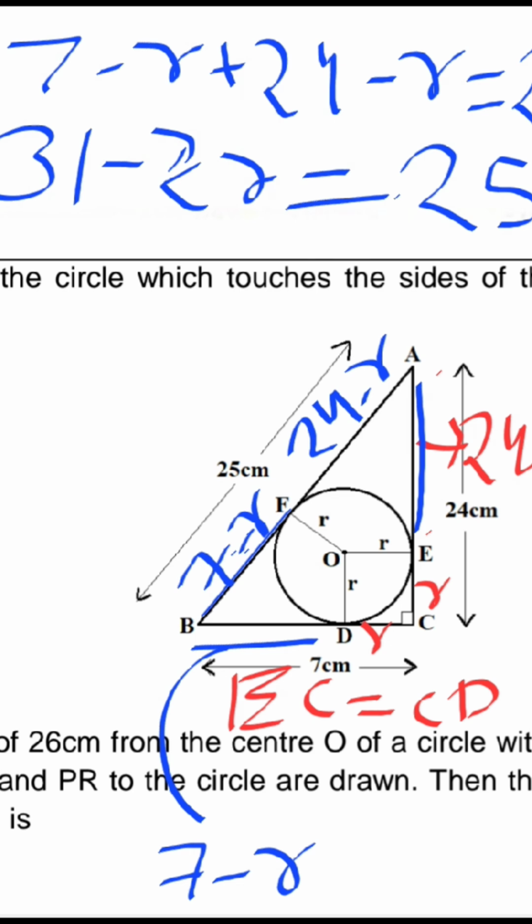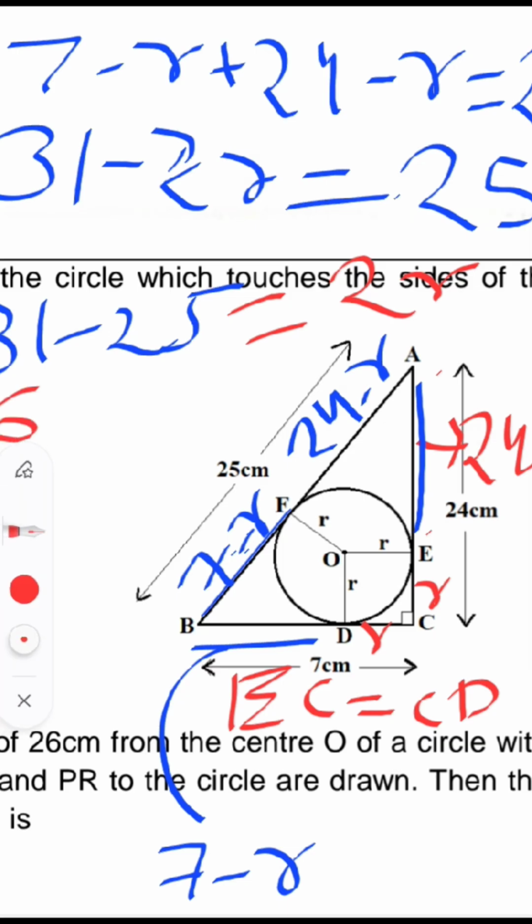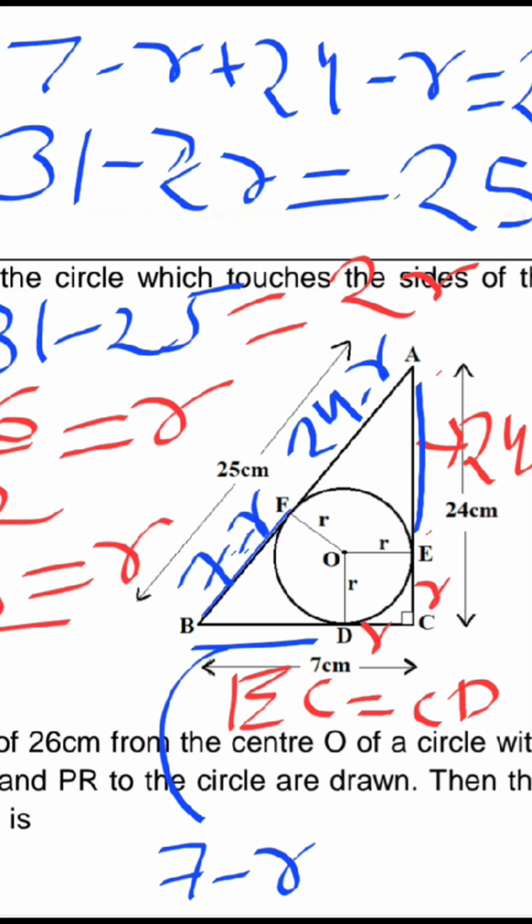Solve it. 31 minus 25 is equal to 2r. So 31 minus 25 how much? 6. Divide by 2, we will get r. So r is 3. So here the right answer is 3.